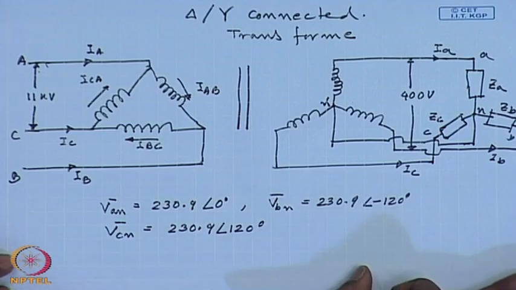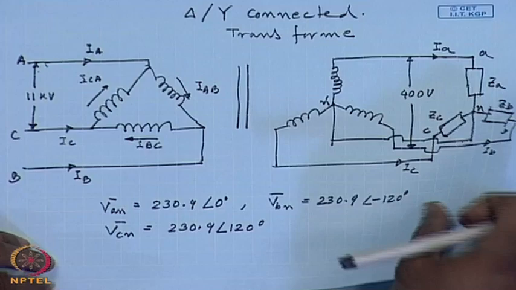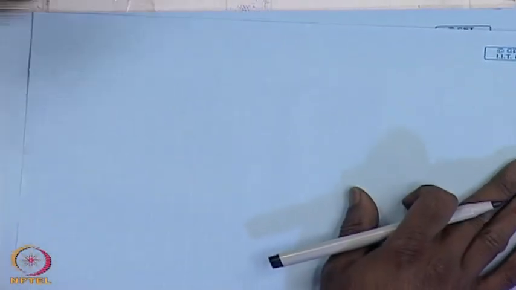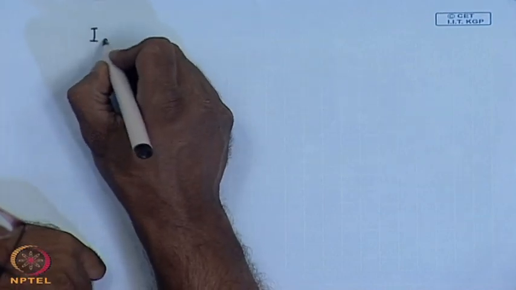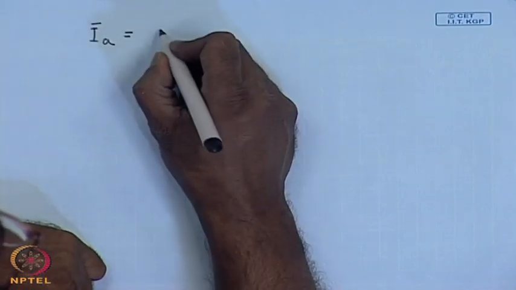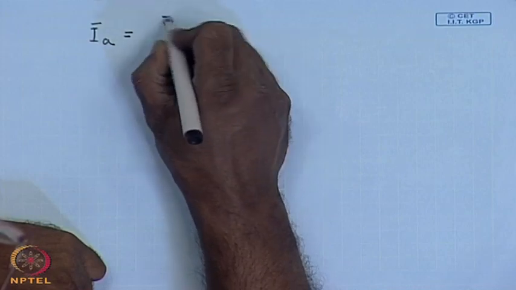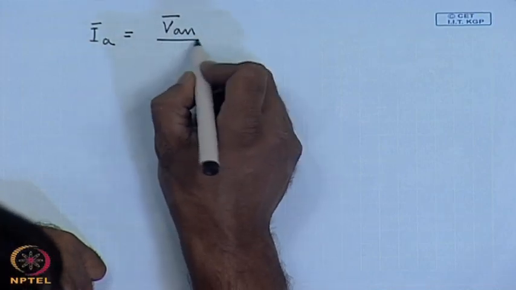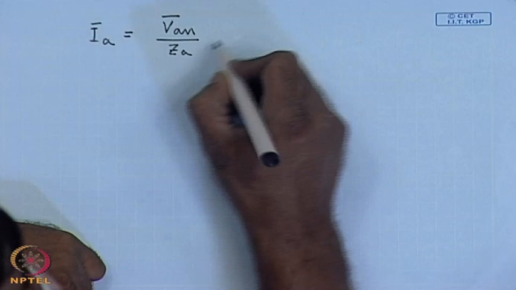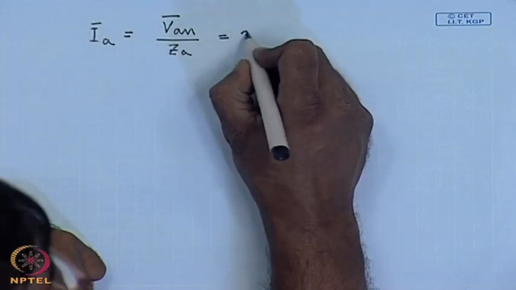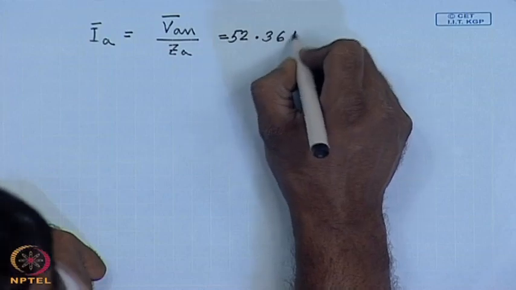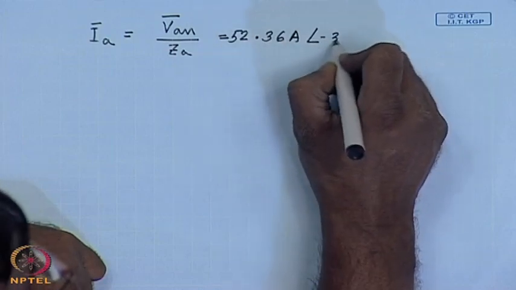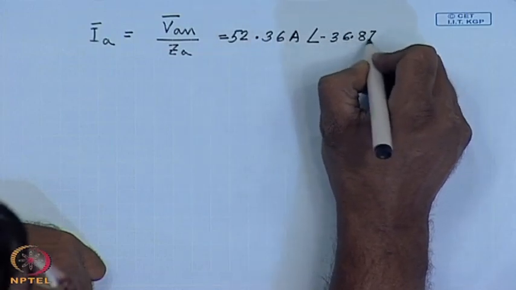It is easy to find out the line current in this case. The line current IA will be VAN by ZA, this comes to 52.36 ampere angle minus 36.87 degrees.